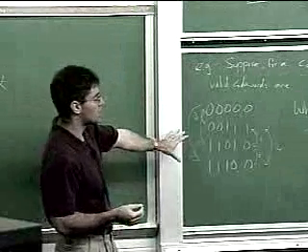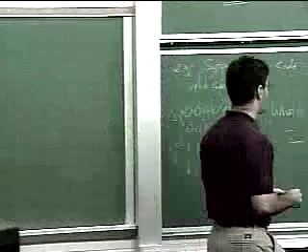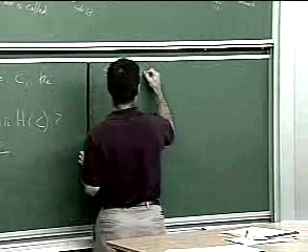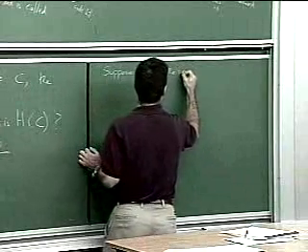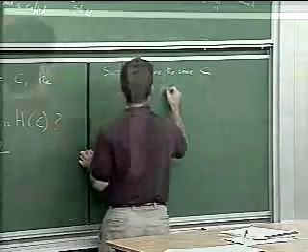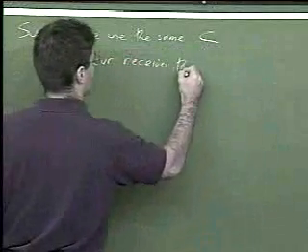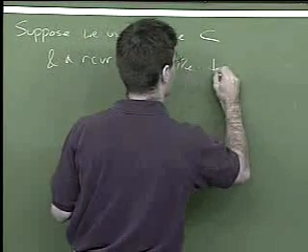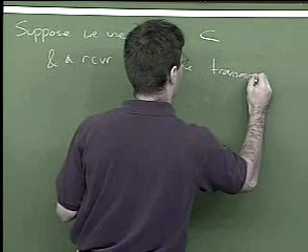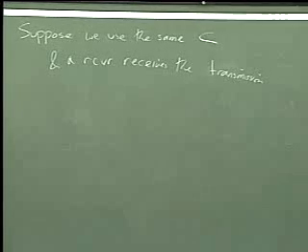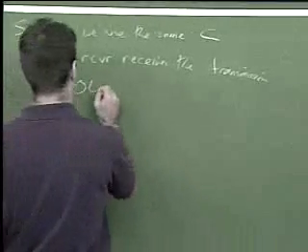Suppose now, again using this code, okay? A receiver receives the transmission 00011.